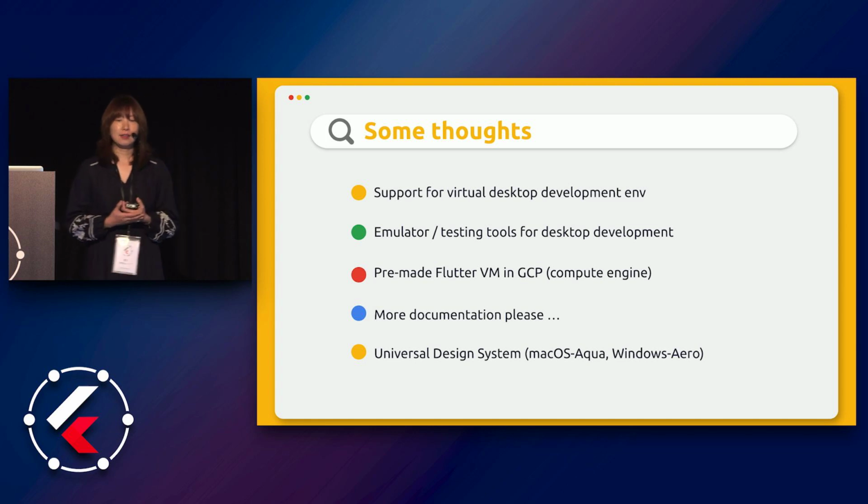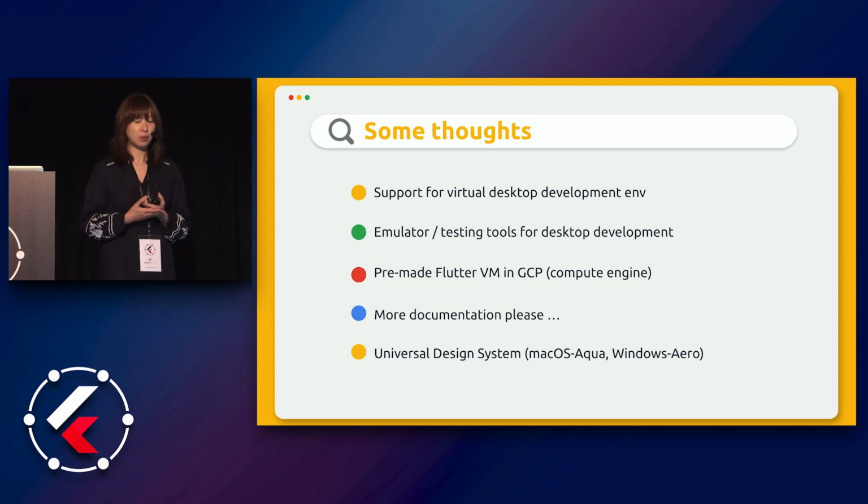We also need more documentation, and support for the design system as well, because each desktop environment has its own unique design system. It's quite mature now for iOS and Android. It comes naturally with Material Design and Cupertino. But this is something we don't see much yet for desktop, and it could be a blocker for production-ready applications.